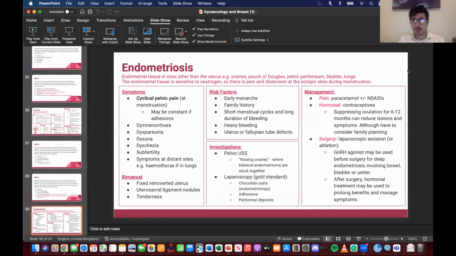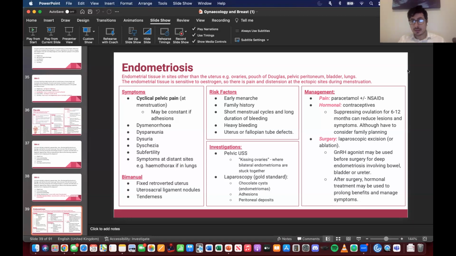But the difficulty in this is because of the normal age at which endometriosis happens, which is between the 20s to 40s, family planning has to be considered. So in that case, hormonal contraceptive will just not be the correct move. So you'd have to consider surgery.